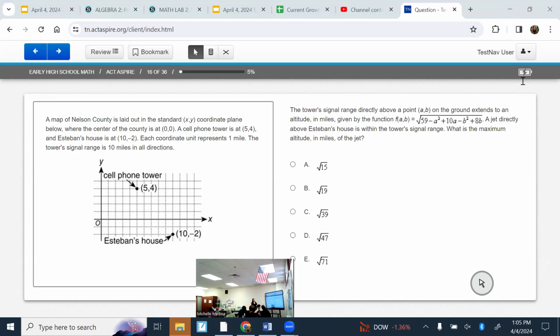A jet directly above Esteban's house is within the tower's signal range. What's the maximum altitude in miles of the jet? So we need to figure out what AB is in this situation.